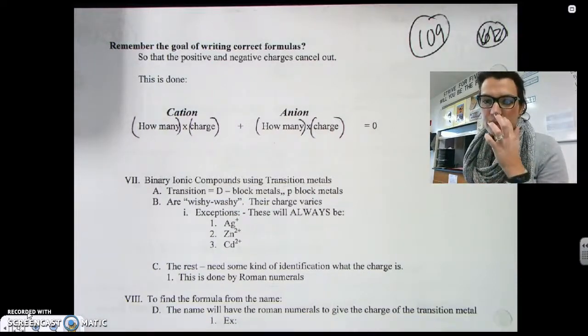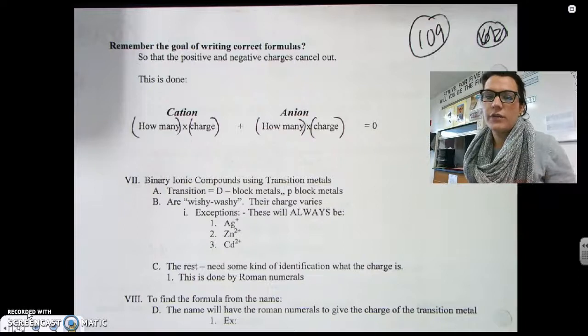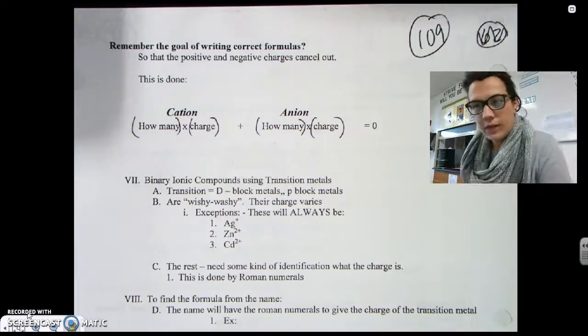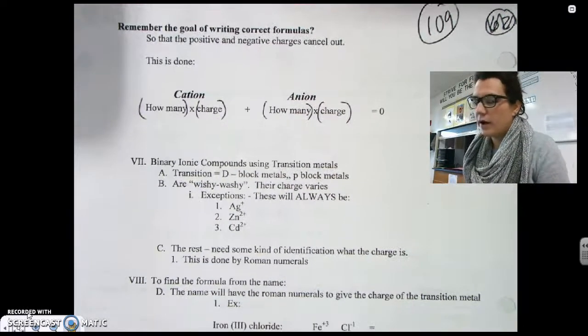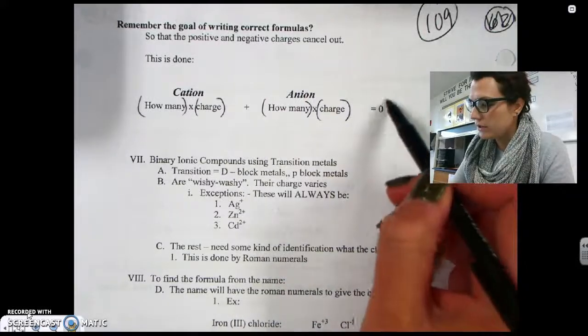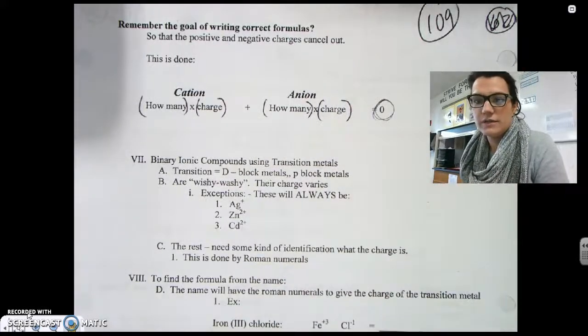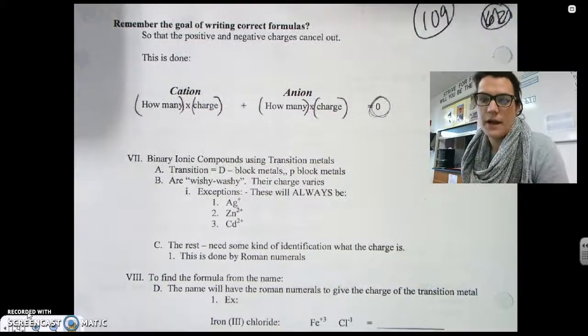So we can use this equation to figure out transition metals' charges to then name them. This is one way of doing it, and then I can show you another easy way, but we have to remember that ultimately our goal is to have a charge of 0 on the ionic compound.